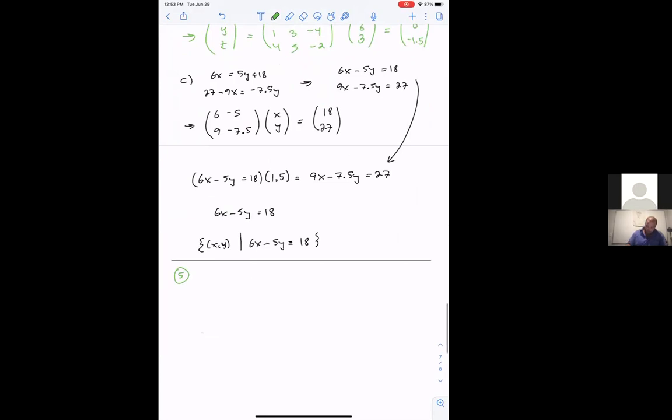Parallelogram PQRS. So you have this parallelogram PQRS. Vertices P is -4, -2. So there's P. Q is -1, 7. So there's Q. R is 8, 4.